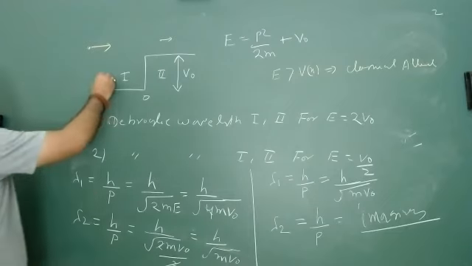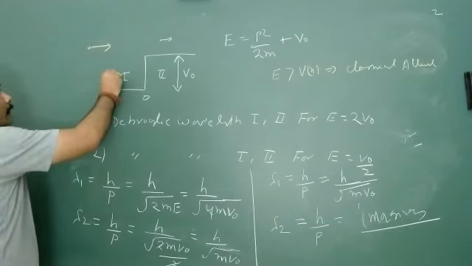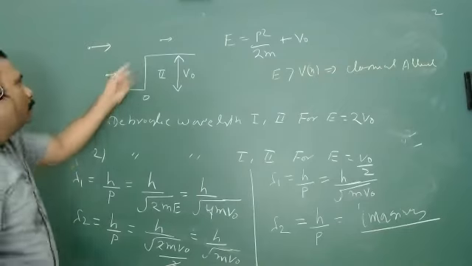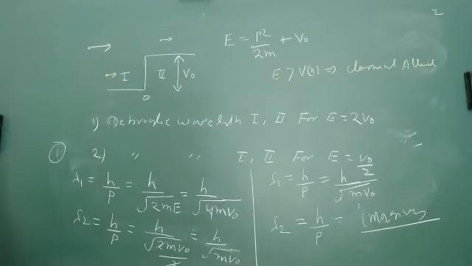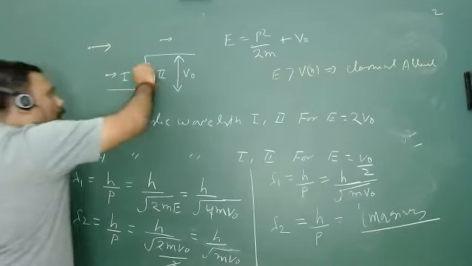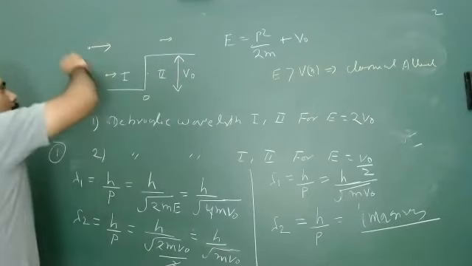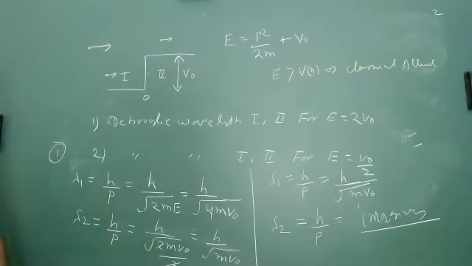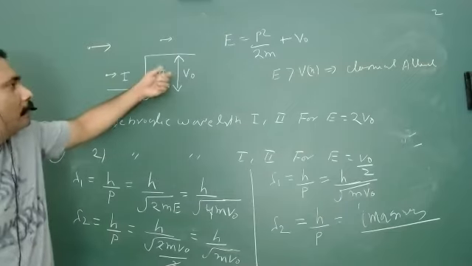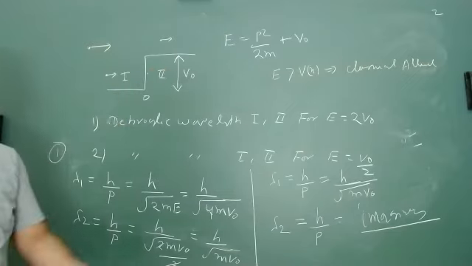In the second case, the particle is going there with a very small momentum, and it cannot go into this side because it will come and go back. Because if the particle were found on this side, then momentum must be imaginary, which cannot be possible.